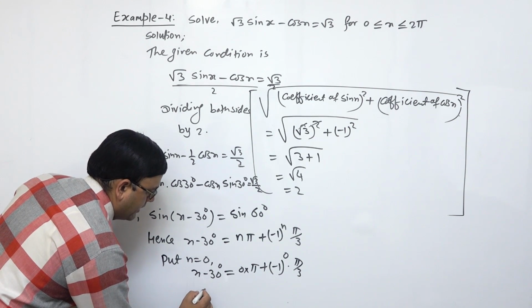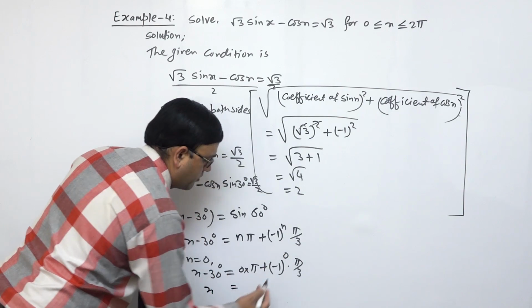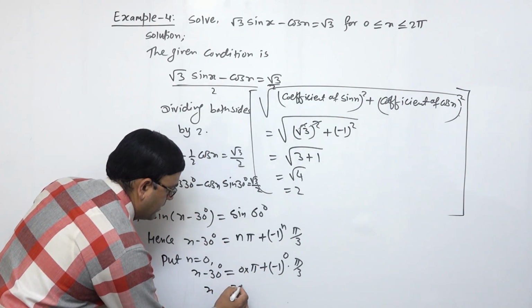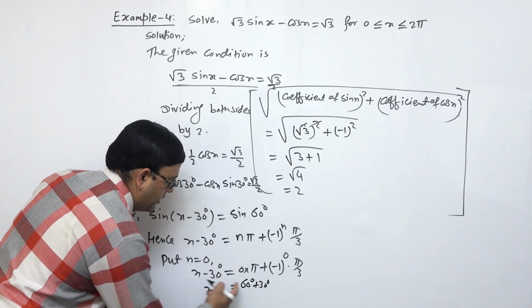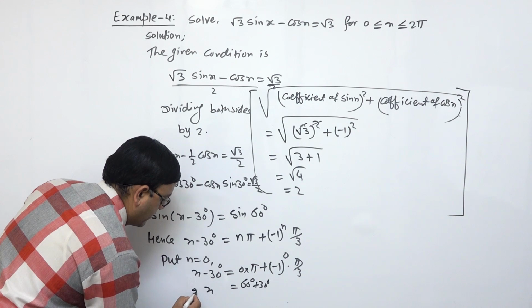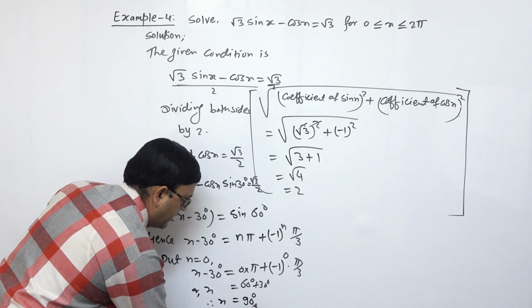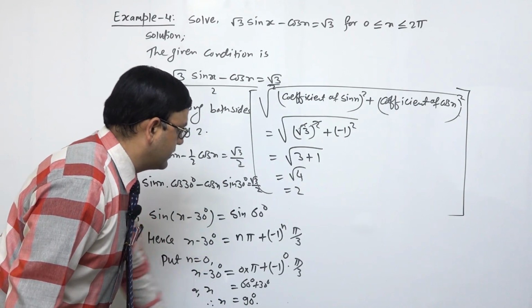So x will be, this is 0, minus 1 to the power 0 is also plus 1. So pi by 3 is 60 degree plus 30 degree, this minus 30 goes on this side. Therefore x is equal to 90 degree. In this way we found x is equal to 90 degree.